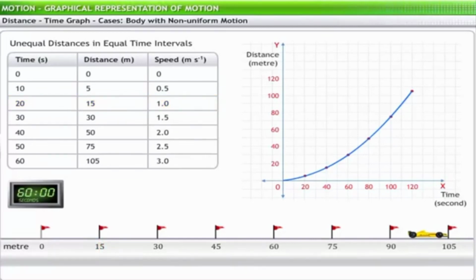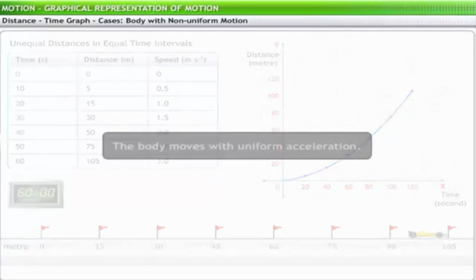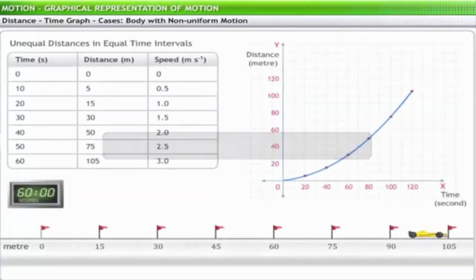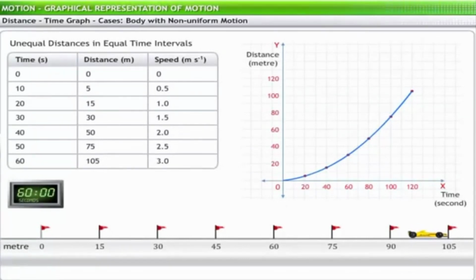We observe that the speed of the body increased with time at a constant rate. Hence, we can say that the body moves with uniform acceleration. Thus, for a body with uniformly accelerated motion, the distance time graph is in the shape of a parabola.